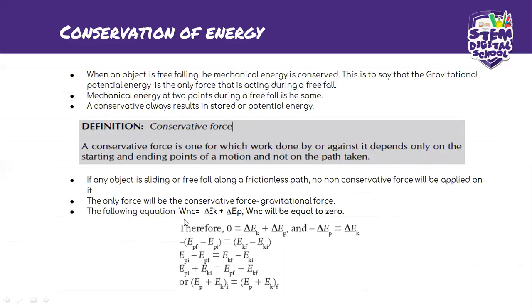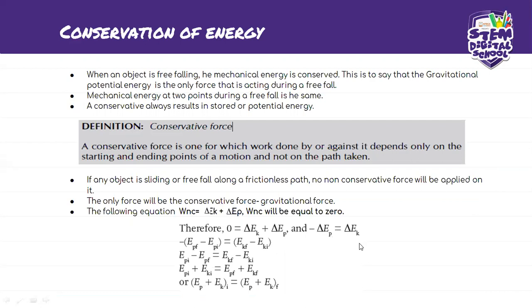The following equation: net work non-conservative is equal to ΔEK plus ΔEP, and work non-conservative will be equal to 0. You get me? So when there's 0 non-conservative energy, it becomes 0, and in this case we'll say minus change in potential energy is equal to change in kinetic energy.